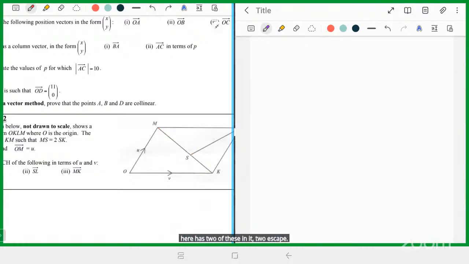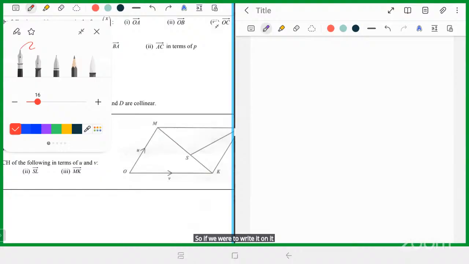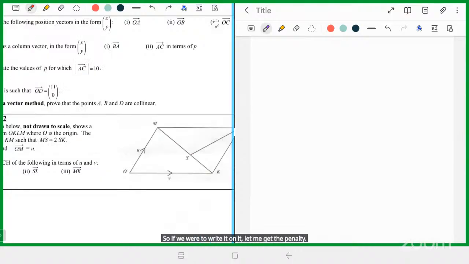So the MS here has 2 of this in it, 2SK. So if we were to write it on it, make the pen a little thinner. This side is 2SK, that's what they said. MS is 2SK. So this side is 2SK. And this side is clearly just 1SK. Now if we focus on the numbers and take off the SK, this side is 2 parts to 1 part.